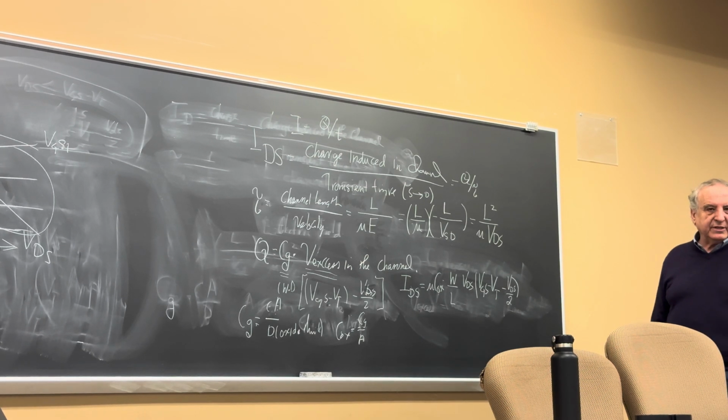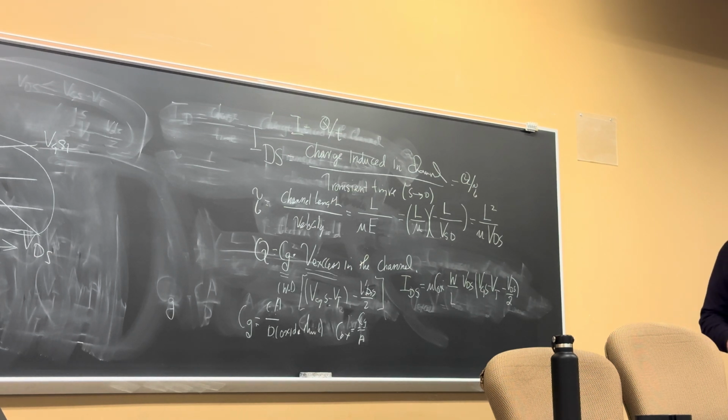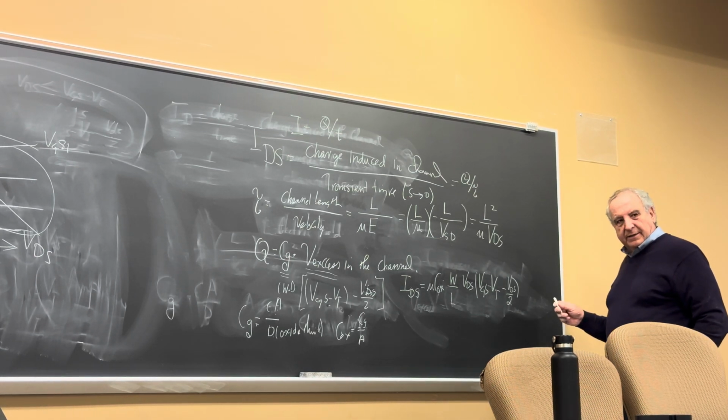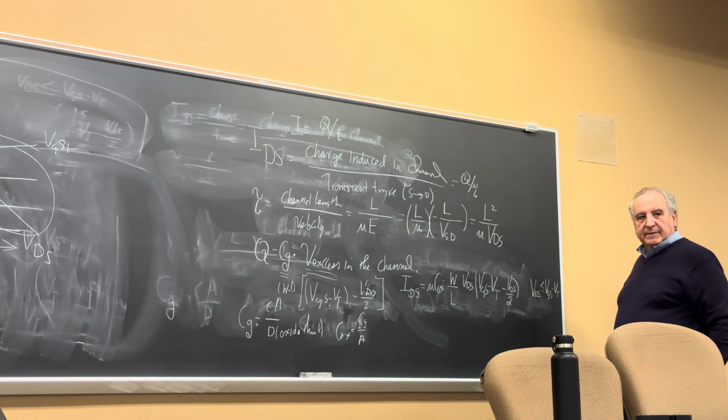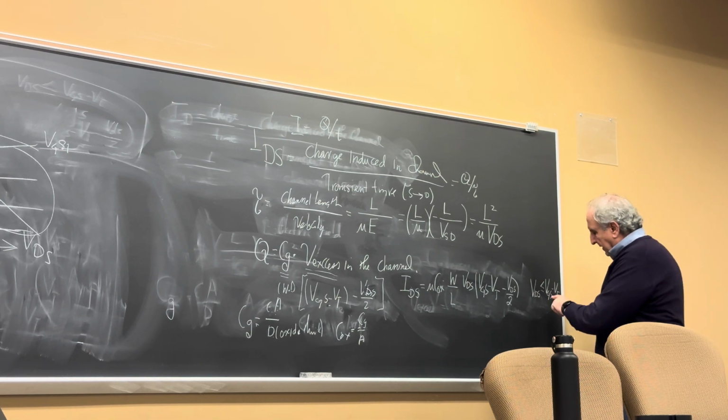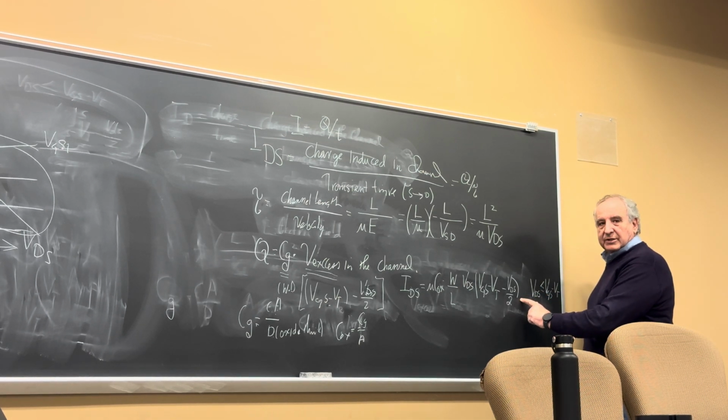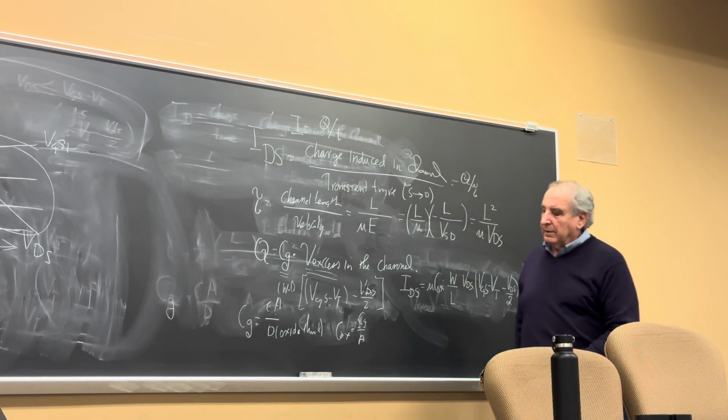And that equation assumes something. This equation is good only for VDS less than or equal to VGS minus VT. This is a linear equation. That's the linear region.